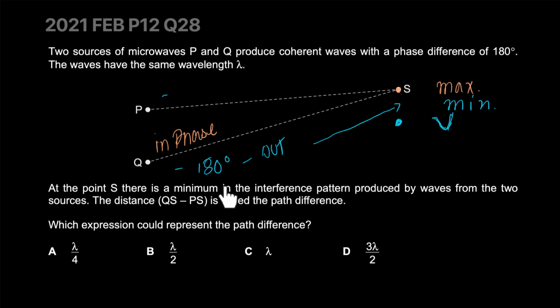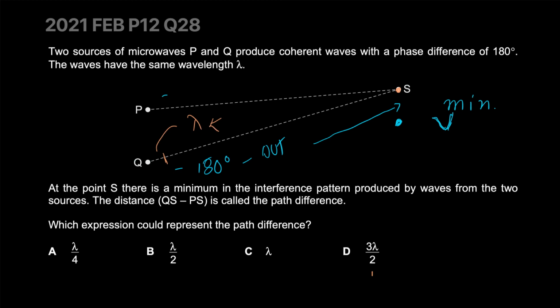So the only way the original Q, let's make it less confusing again and take Q out, the only way Q could make a minimum over here was when the original orange one would make a maximum. And how would the original one make a maximum? When it was lambda apart, when the phase difference from here was 1 lambda apart or multiples of lambda apart, right?